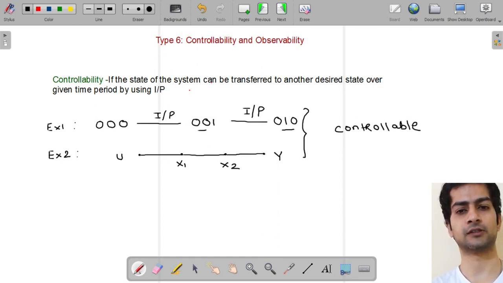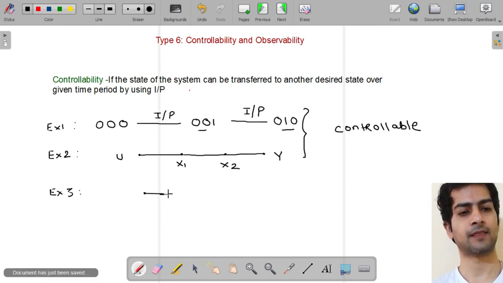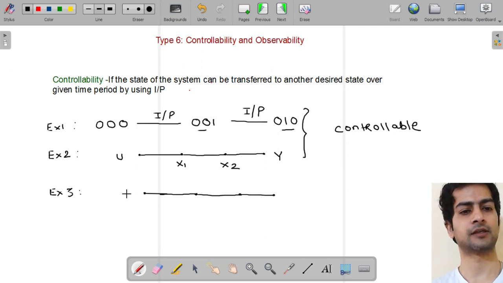Controllable system. Now suppose we have one example like this. Let's take another one. We have something like this. Here we have input, here we have output, here we have state variables x1 and x2.